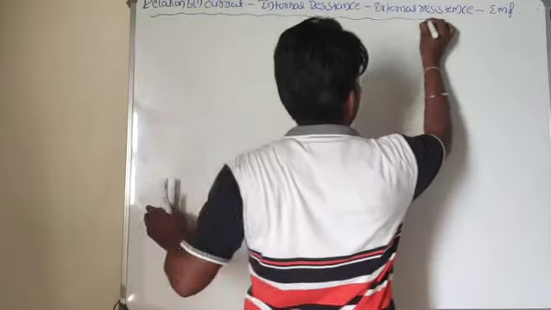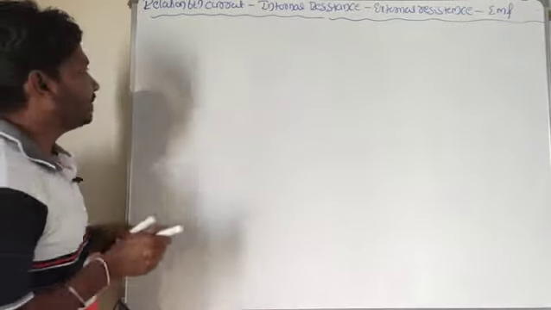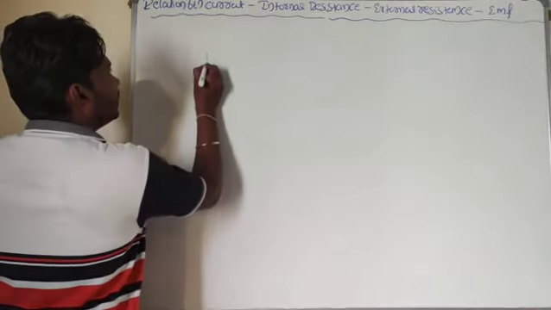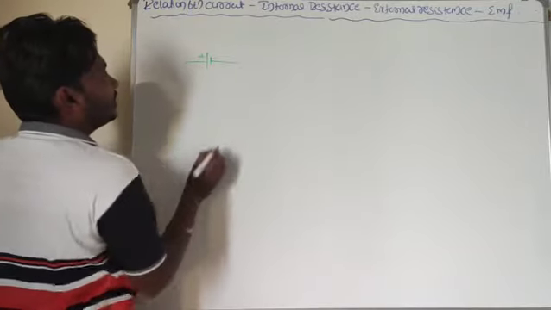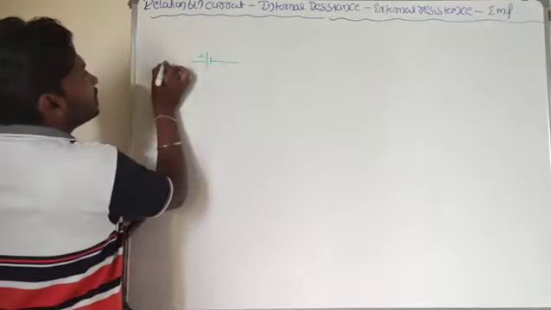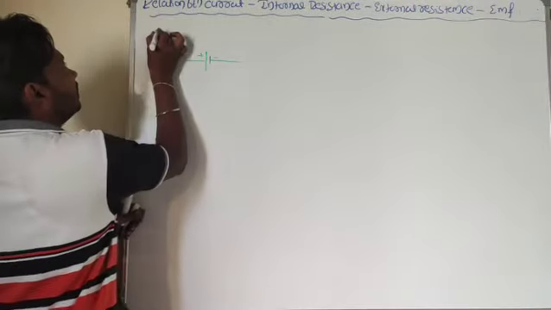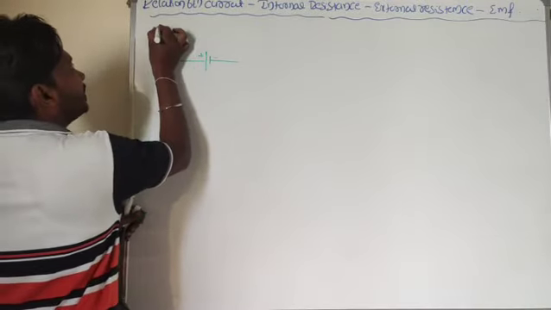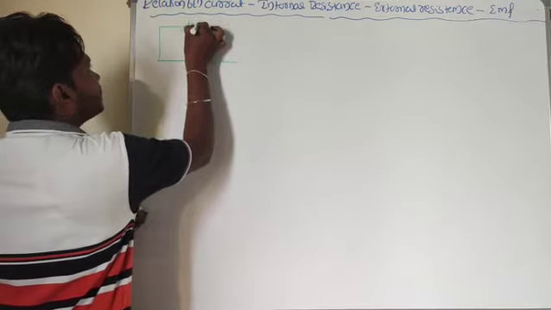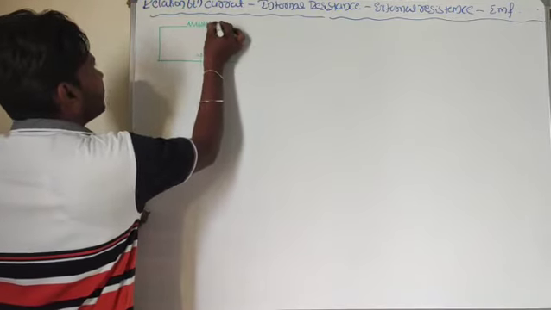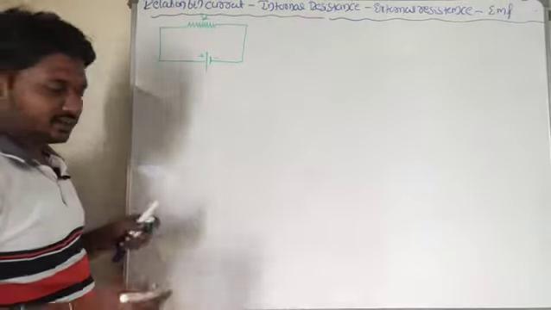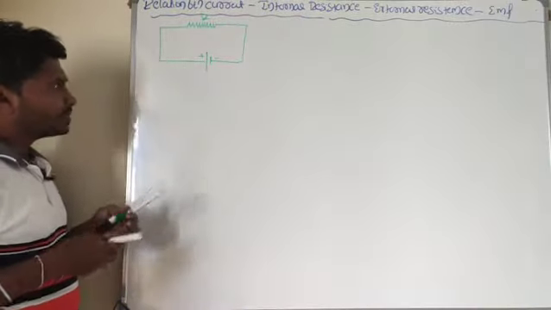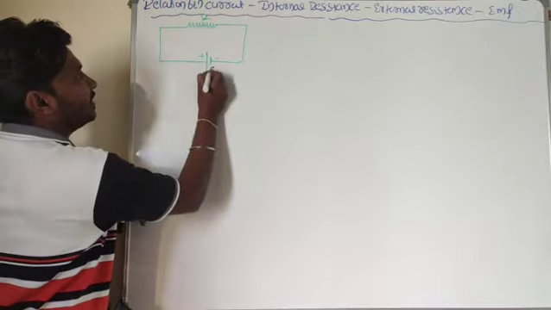I want to find the connecting formula for these terms. For that purpose, first let me take one cell or battery. It consists of a positive terminal and a negative terminal. This battery is connected to an external circuit. I can take one resistance or bulb, whatever you like, as the external resistance connection. So look at here, the EMF of the cell I can take as E.